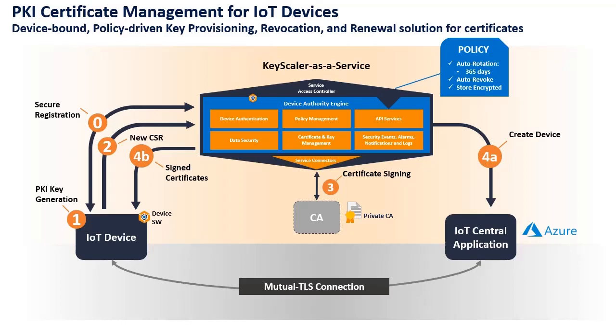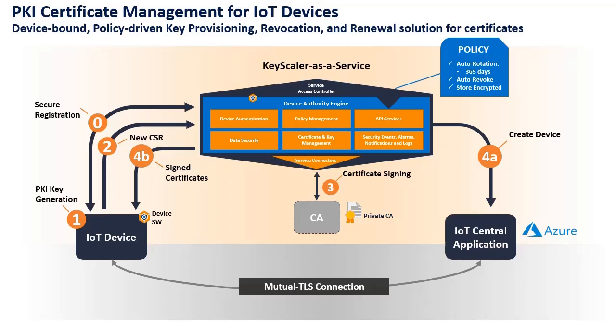And once Keyscaler gets that signed certificate back, it will then take a look at the policy and understand that there is an IoT Central application instance that needs to also be made aware of this device. So step 4A here is Keyscaler automating that device registration process with the IoT Central application.